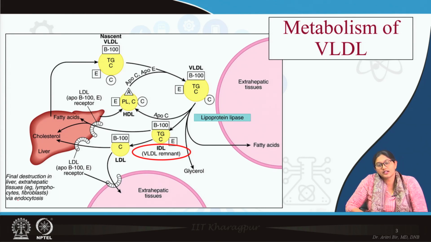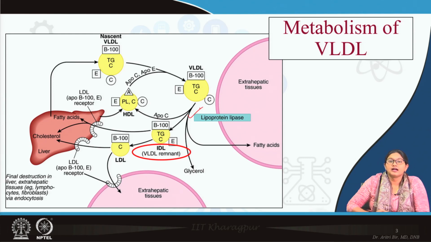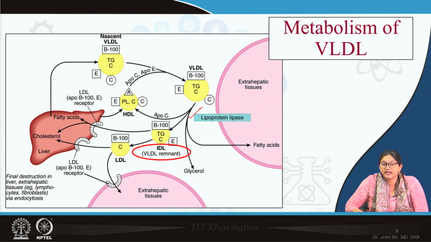Mature VLDL, after going through the capillaries, is hydrolyzed with the help of the enzyme lipoprotein lipase. So, there is hydrolysis of triacylglycerol with this enzyme. Finally, what is formed is a VLDL remnant. The remnant contains less triacylglycerol in comparison to the mature one. We also have discussed the fate of this remnant VLDL, that is IDL or intermediate density lipoprotein.